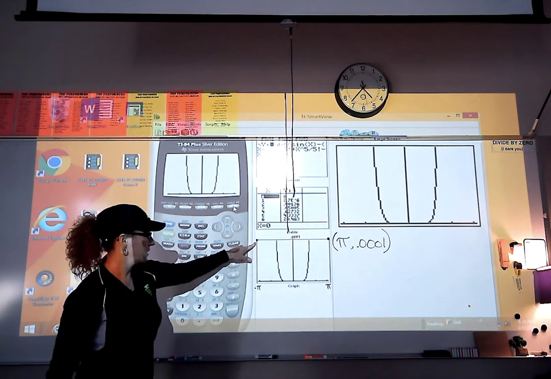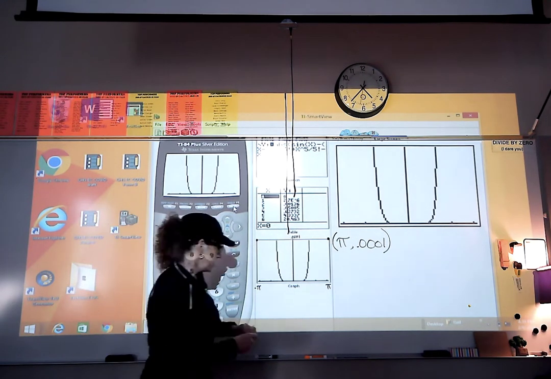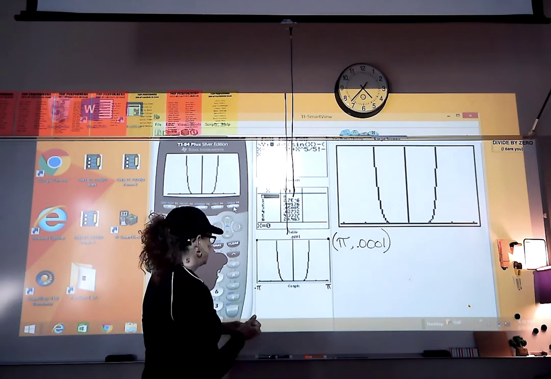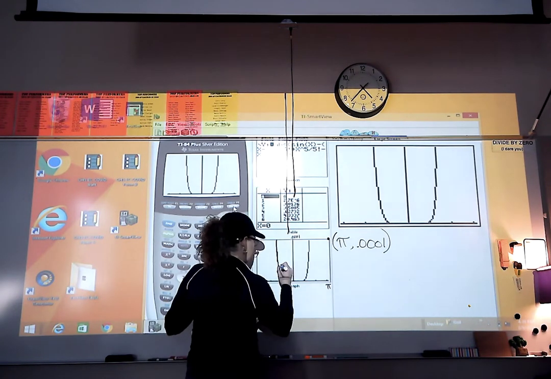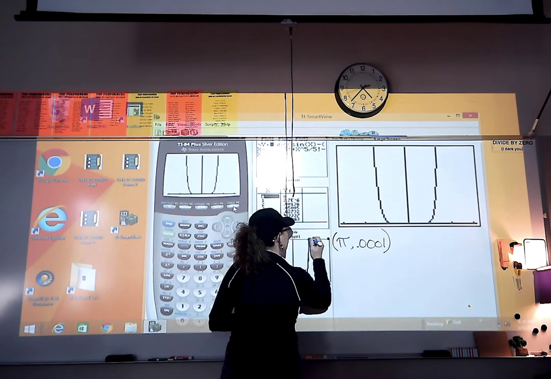And likewise over here, negative pi and that y amount, okay? This blue thing is my function. What do you think?